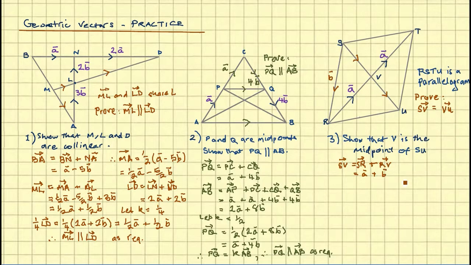Okay, now the next bit of the proof relies on the fact that RSTU is a parallelogram. So if you're happy with that, pause the video and give that a go.